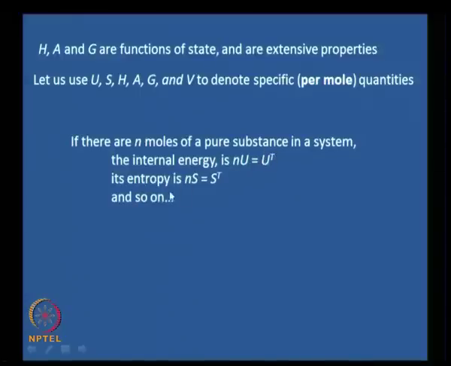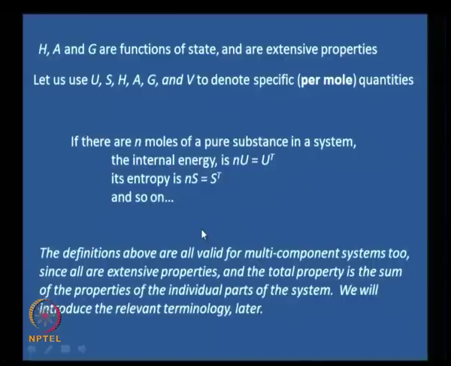The entropy would be n times S, which can be represented as S superscript t, and so on and so forth. Note that we started with per mole quantities, and we said that if there are n moles of a pure substance, we would use nU, nS, and so on to represent the total internal energy, the total entropy, and so on.